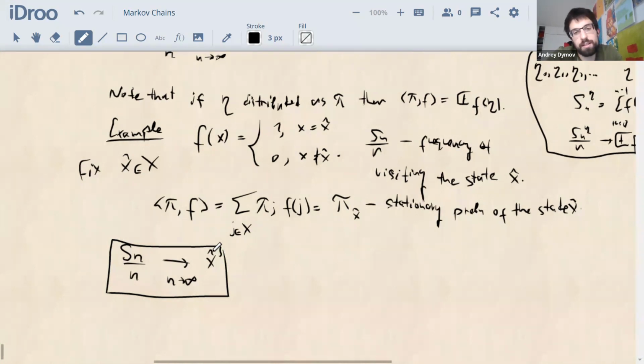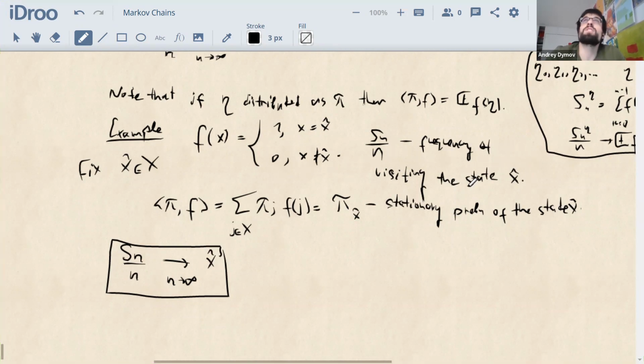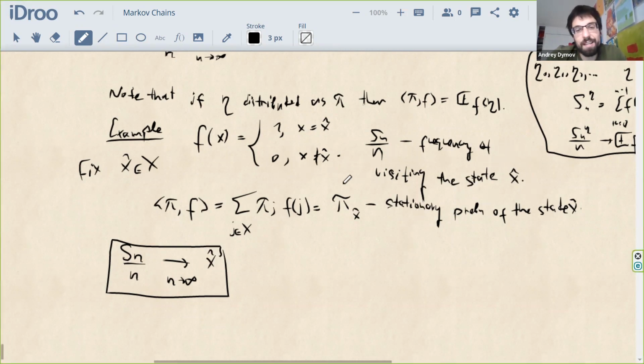In our setting, the time average is exactly the frequency of visiting the state x hat. The space average is also an average according to some measure, and here the measure is the stationary measure. The space average is exactly the stationary probability of our state.